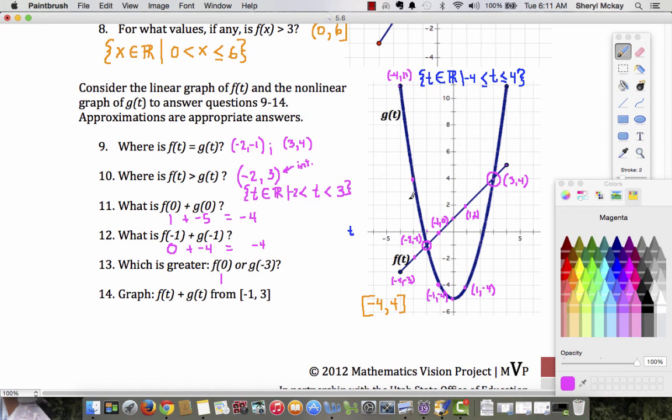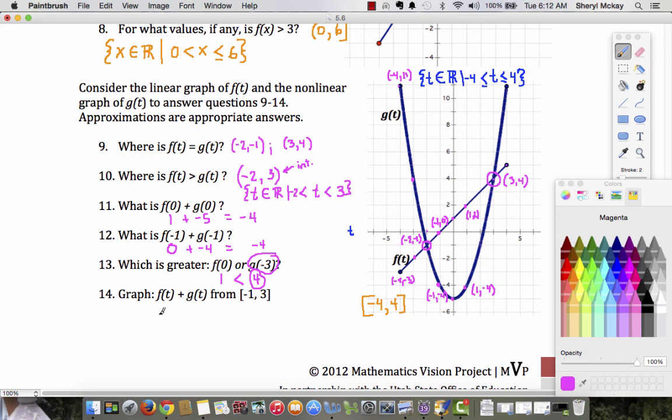So g of -3 is 4. Which is greater? Well, 4 is greater, right? So g of -3 is greater than f of 0.